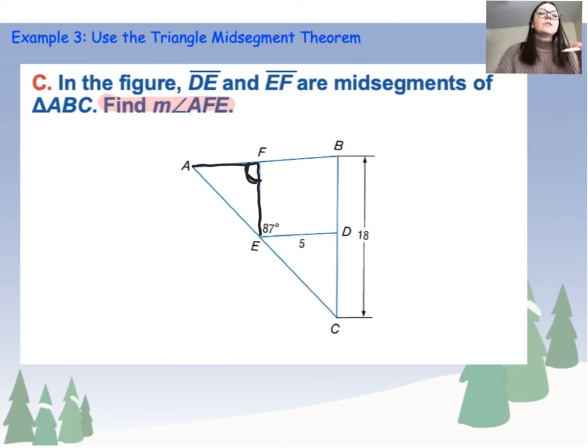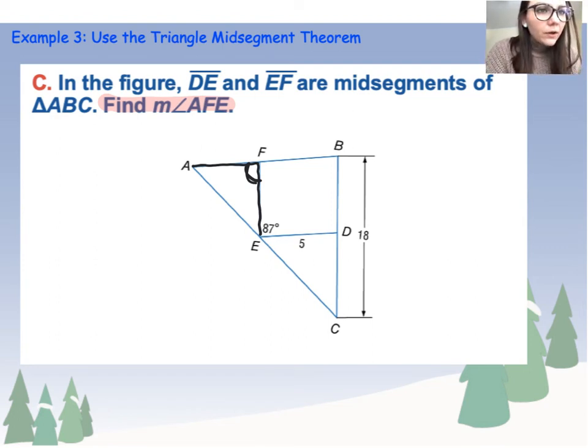Remember there's really two parts to the triangle mid-segment theorem. One part is that it's all about the side length. The other part is that the mid-segment is parallel to the third side. Parallel lines sometimes help us find angle measures. So let me point something out here.